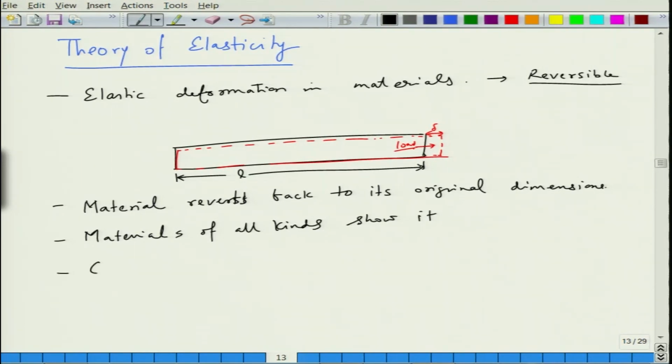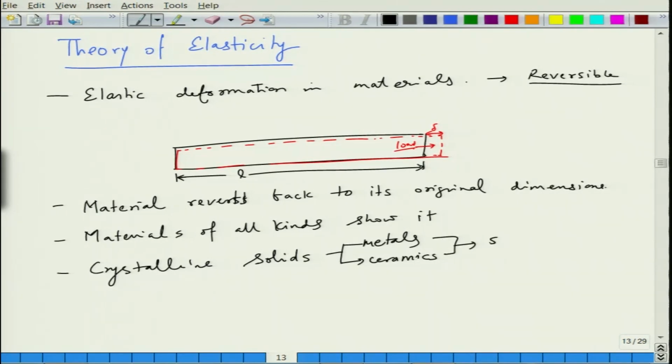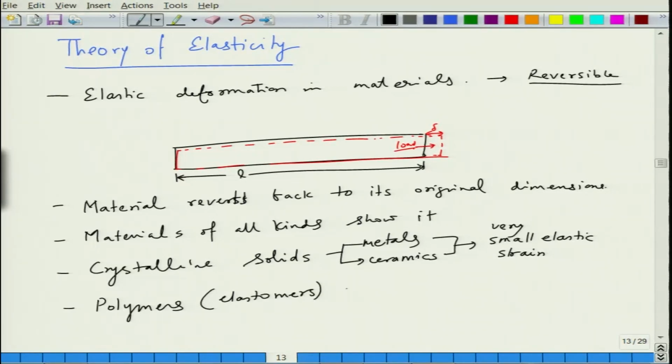If you look at crystalline solids such as metals, ceramics, they show small elastic strains, or rather very small elastic strains, whereas materials which are polymers, especially elastomers, show higher elastic strains.